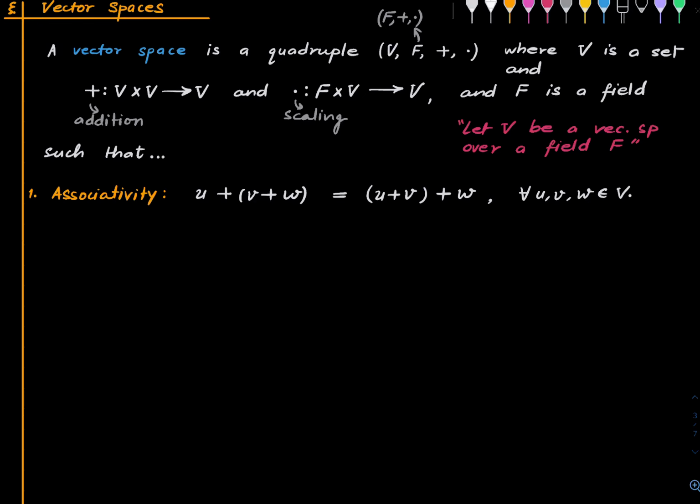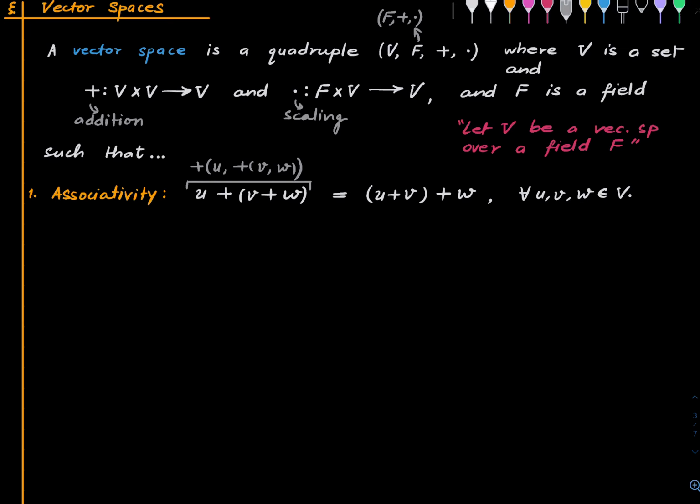Again, just like in fields, instead of writing plus of u comma v, we will write u plus v. So we are doing the same thing. And just to be very clear, let me expand this out in that ugly notation, just like we saw in fields. Okay, so this is associativity.